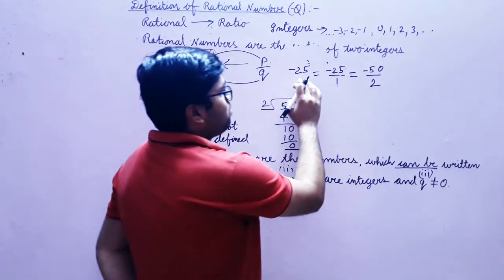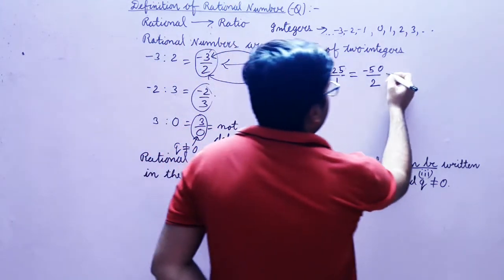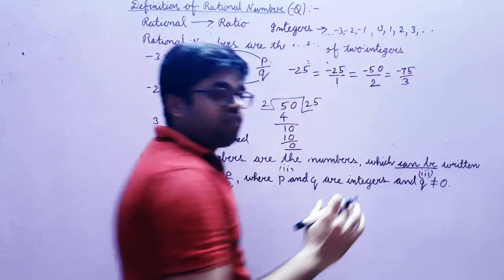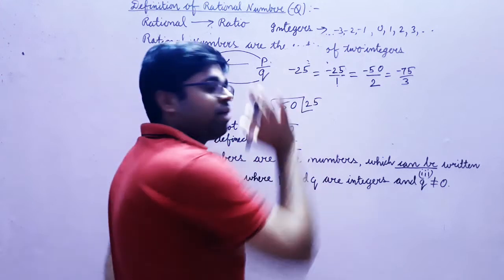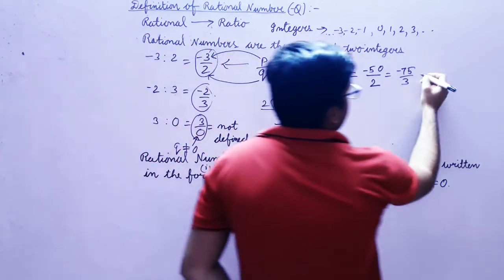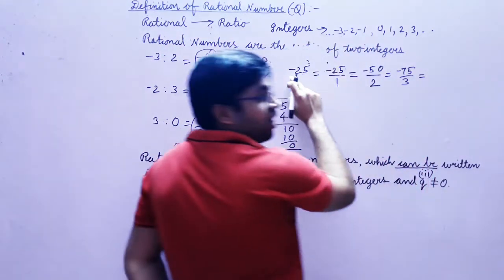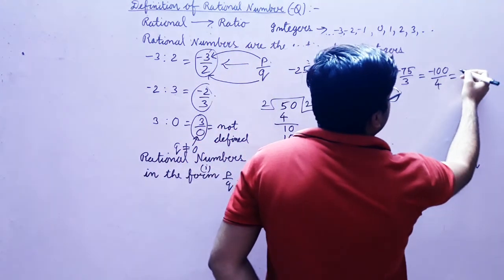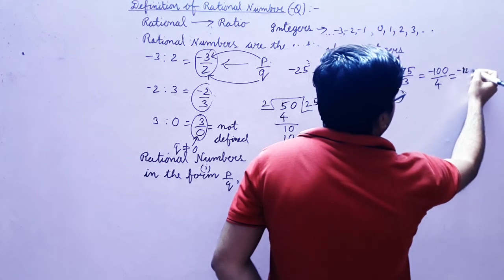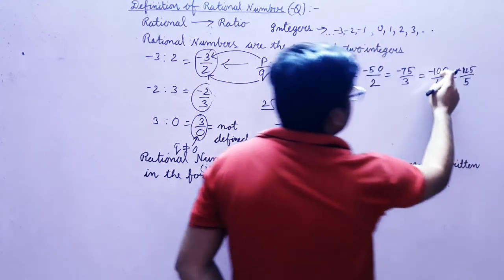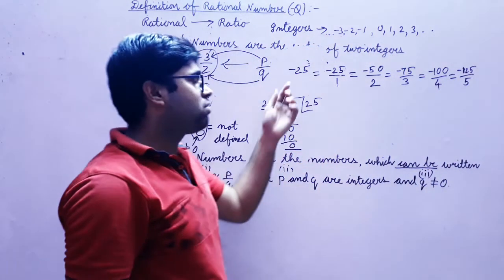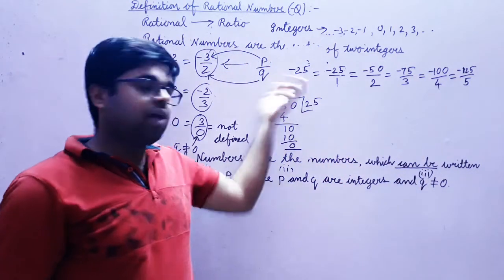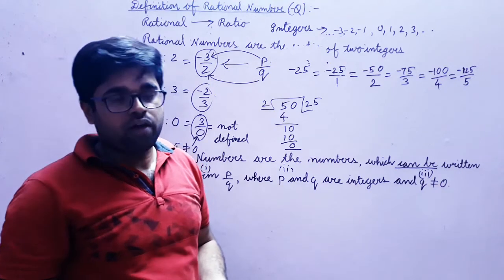Similarly, you can write minus 25 as minus 75 by 3, because minus 75 divided by 3 is again minus 25. Similarly, you can write minus 25 as minus 100 by 4, and even as minus 125 by 5, because minus 100 by 4 again is minus 25, and minus 125 by 5 is again minus 25.